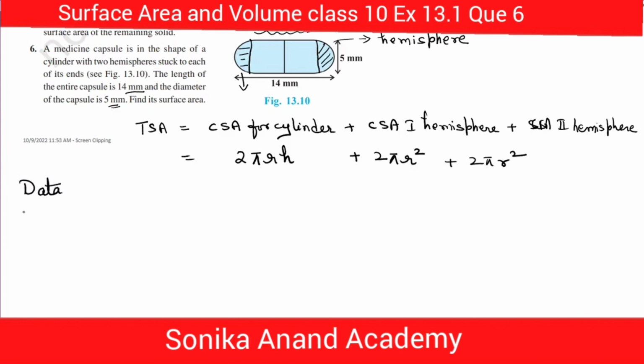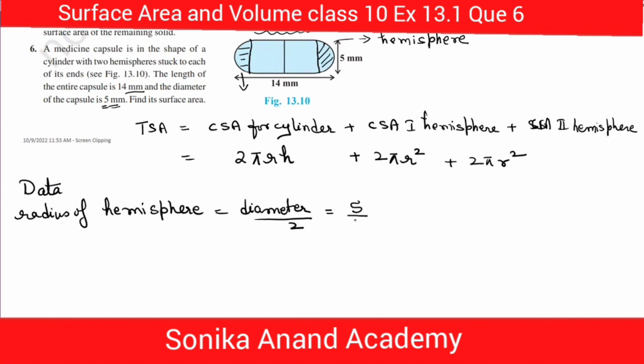Clear? Now radius of hemisphere, which is equal to diameter upon 2, because diameter is given to us, which is equal to 5 millimeter, that is 5 by 2. Now this formula is completed.